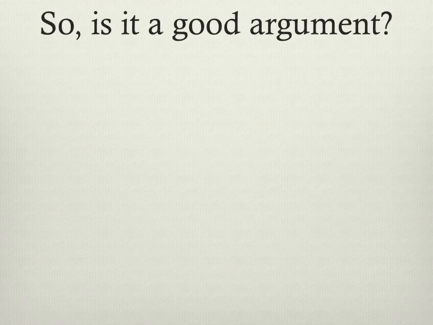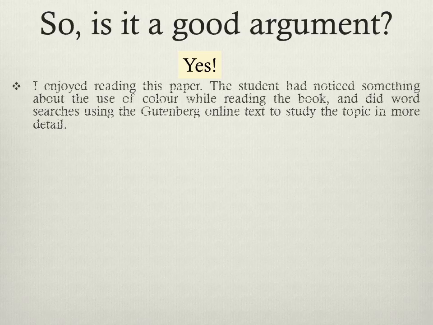This one. Well, yes, on the whole, I thought that was a good thesis too. And my reasons were basically because the student had noticed this about colour herself. And, well, using the Gutenberg online text is a fairly obvious use of modern technology to approach literature, but it does make it possible to do word searches and to find out how the text is working at a bigger level.